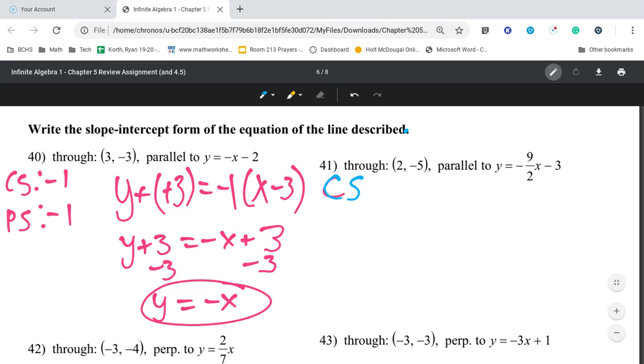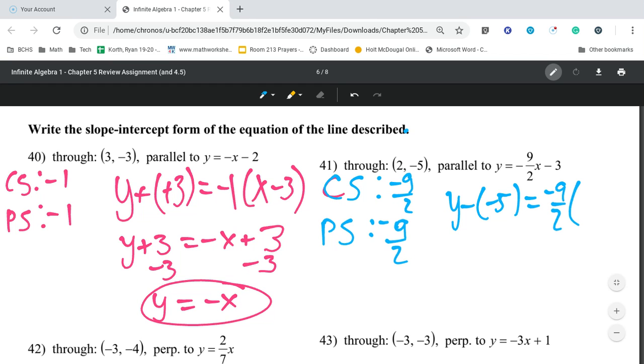Currently, the slope is negative 9 over 2. The parallel slope is going to be negative 9 over 2. Y minus the y value equals the parallel slope times x minus the x value.